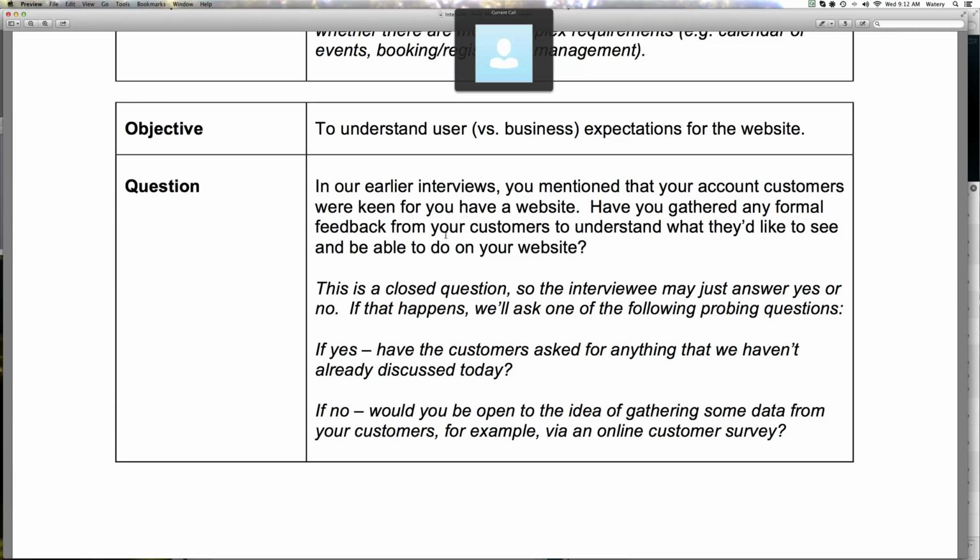Fabulous. So would you be open to the idea of us doing that perhaps via an online customer survey? The problem with the online customer survey is that not all of our customers are online. Most of our customers, if they are young or students, then they are online. But for those 50 years old and above, which is most of our old clients, they do not have access to the internet yet, so they are not very good with the internet.